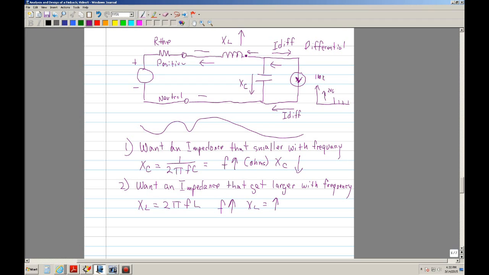So one of the things they do is split this inductor up and insert another inductor on the bottom side. Once you put an inductor on this side, if you look at the impedance looking into this leg and looking into this leg, they're balanced.